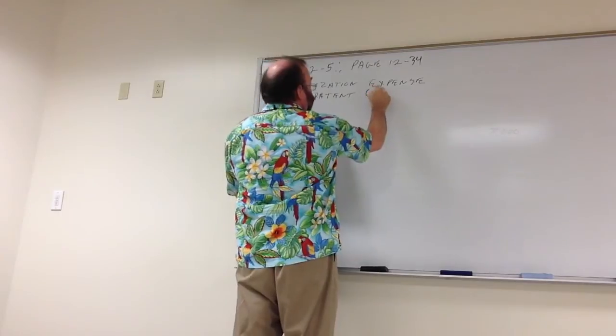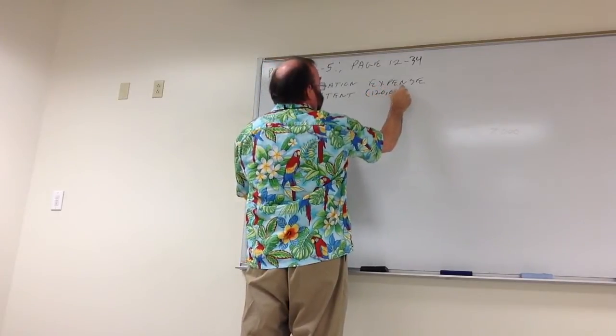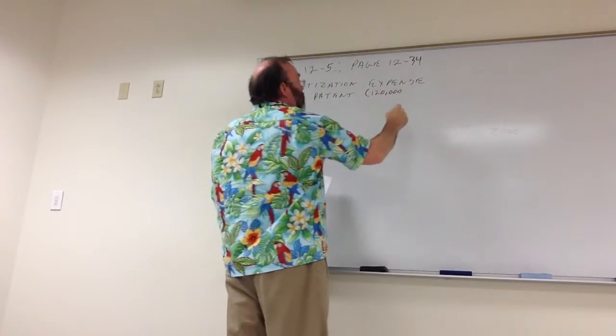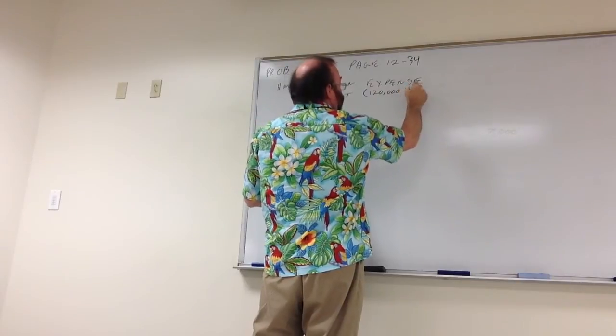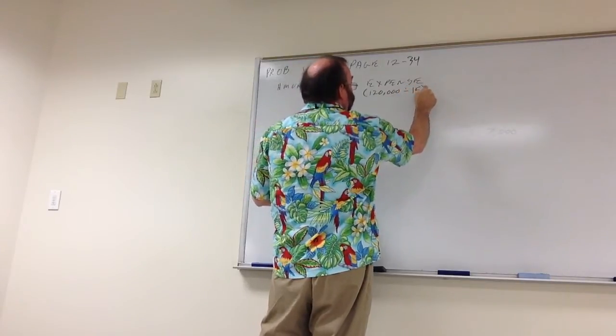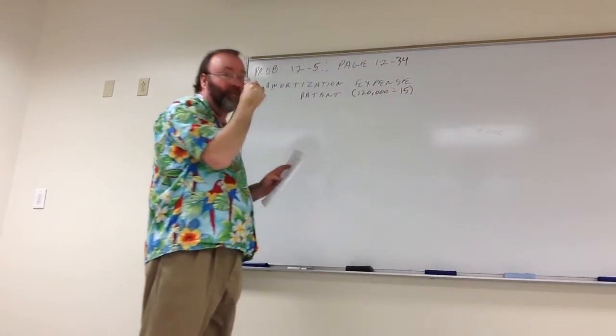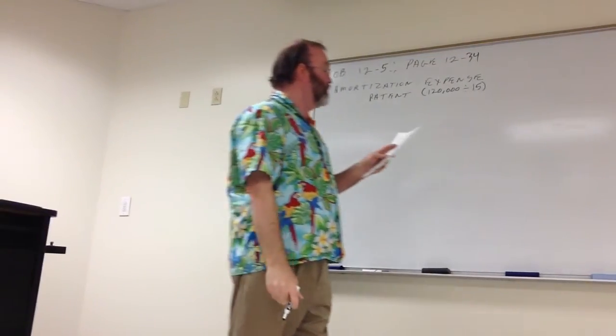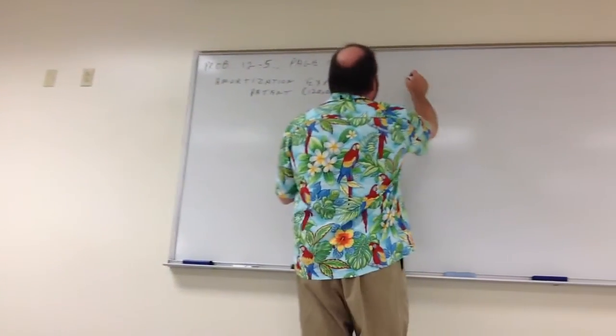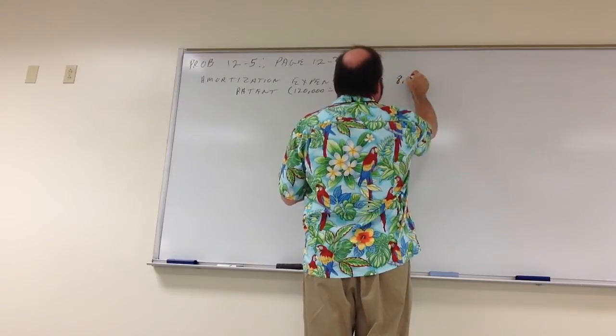You've got $120,000 that you spent at the beginning of the year, and it is expected to have a useful life, even though it may have a legal life beyond that, of the next 15 years. So that's $8,000.